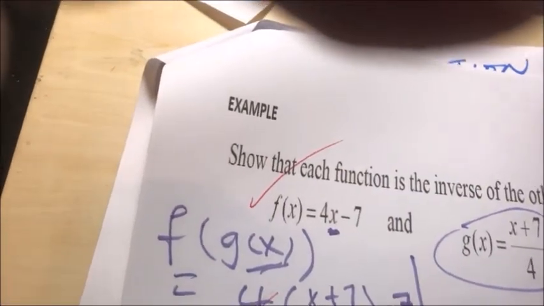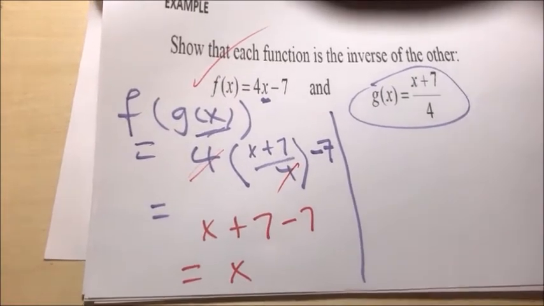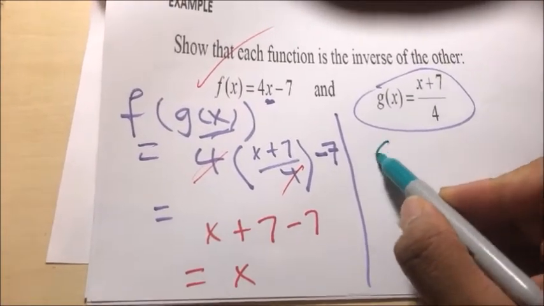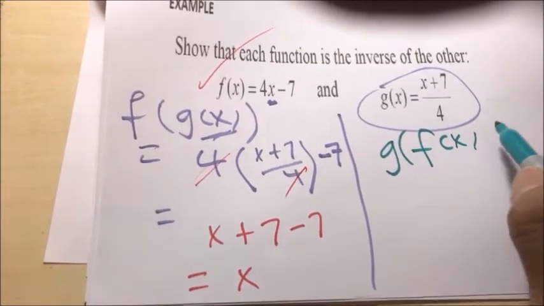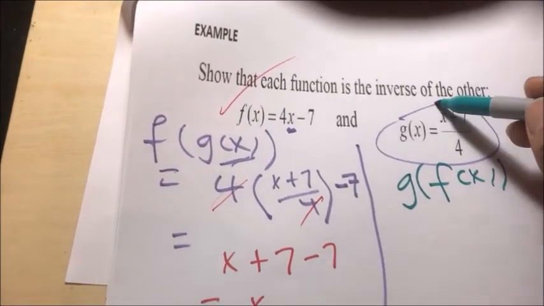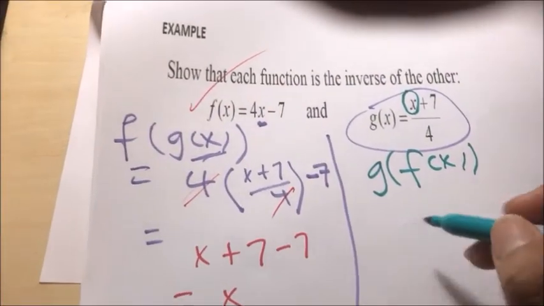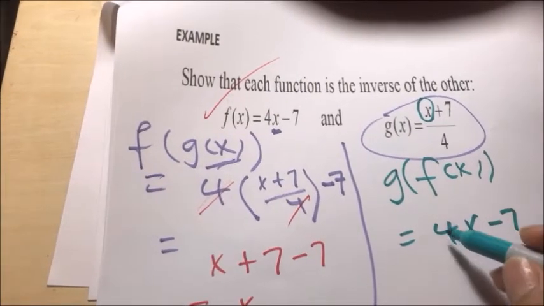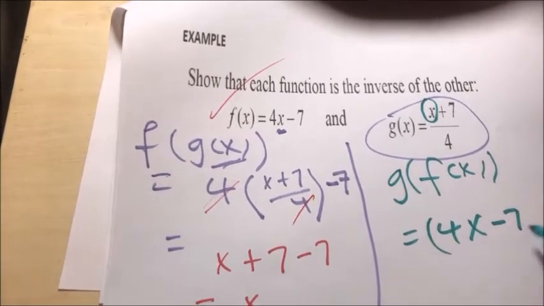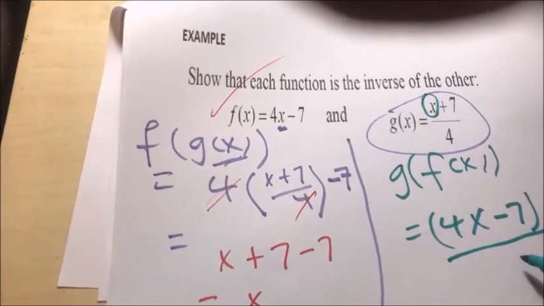Now what happens when I take g and I input f? So I'm going to take my g, and wherever I see x, I'm going to put the 4x minus 7. So that's going to be 4x minus 7, wherever I see x, plus 7 over 4.